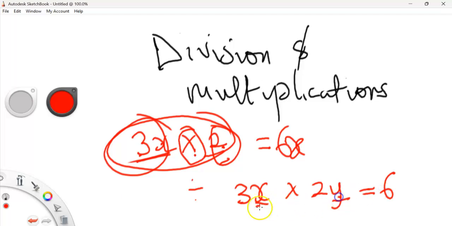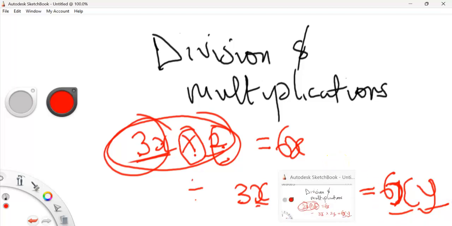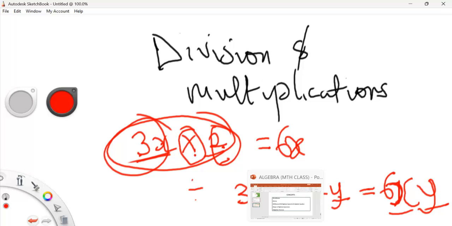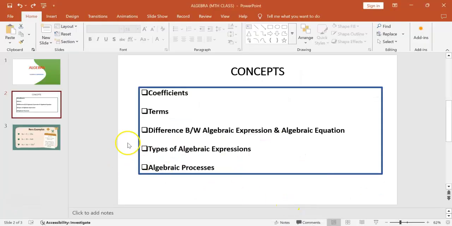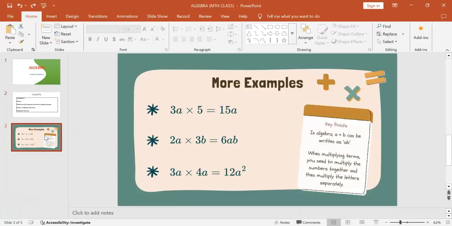And when different letters multiply together, you just bring them together. They're not going to join and form one single letter, but you just bring x and y together. Do you understand?